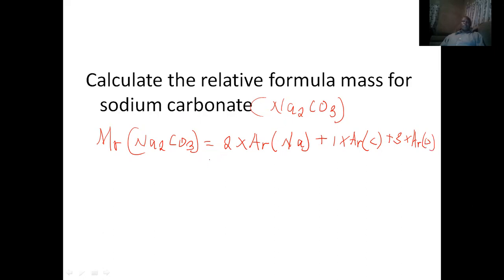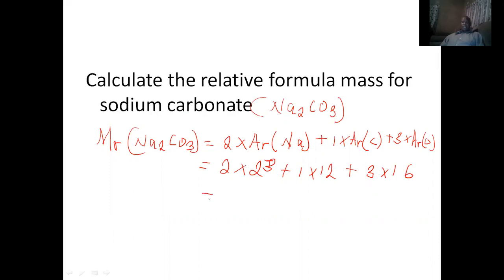And so this gives us 2 multiplied by 23 as the relative atomic mass for sodium, plus 1 multiplied by 12, plus 3 multiplied by 16.